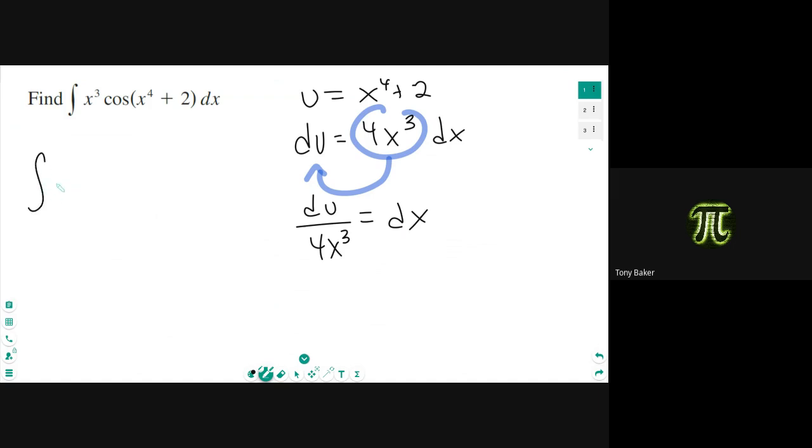Because now, when I rewrite this, I have x to the 3rd, cosine of u, and then I have du over 4x to the 3rd. Now we can see, okay, I'm going to cross those two out. That's what happens to those. They disappear, because one's on the top and one's on the bottom. And what's left is that 4, which is the constant that's left, and we can pull that part out.